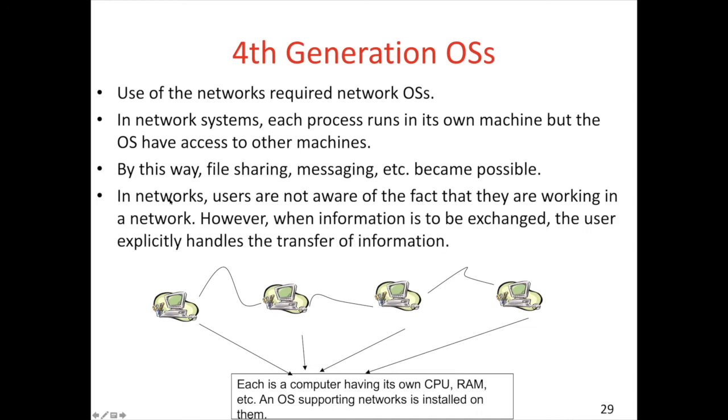In networks, users are aware that they are working in a network. When information is to be exchanged, the user explicitly handles the transfer of information. This is a network of computers. Each is a computer having its own CPU, RAM, etc. An operating system supporting networks is installed on each of them.